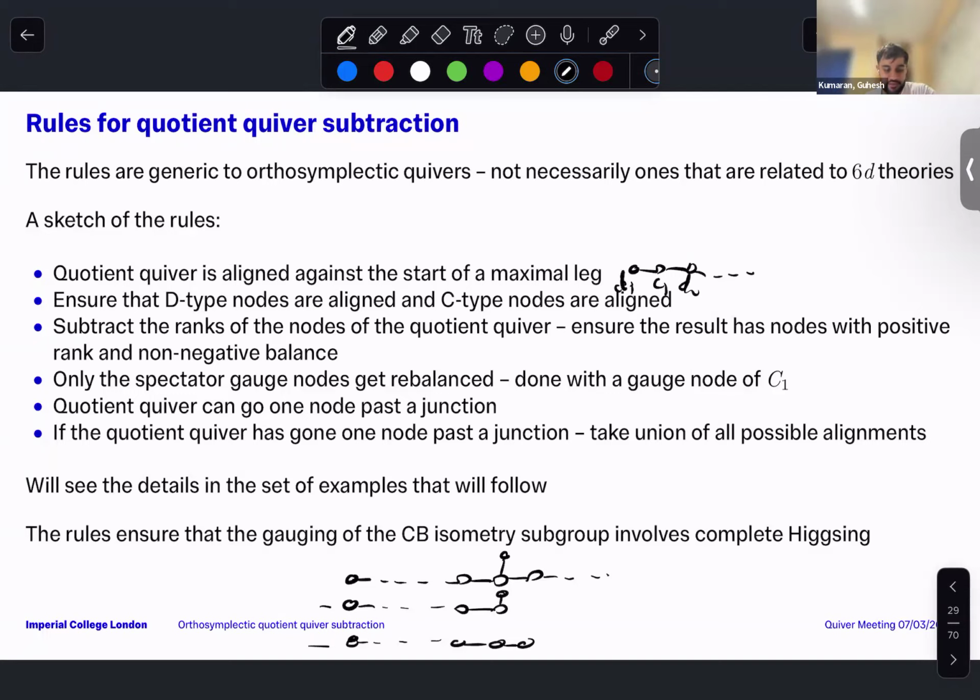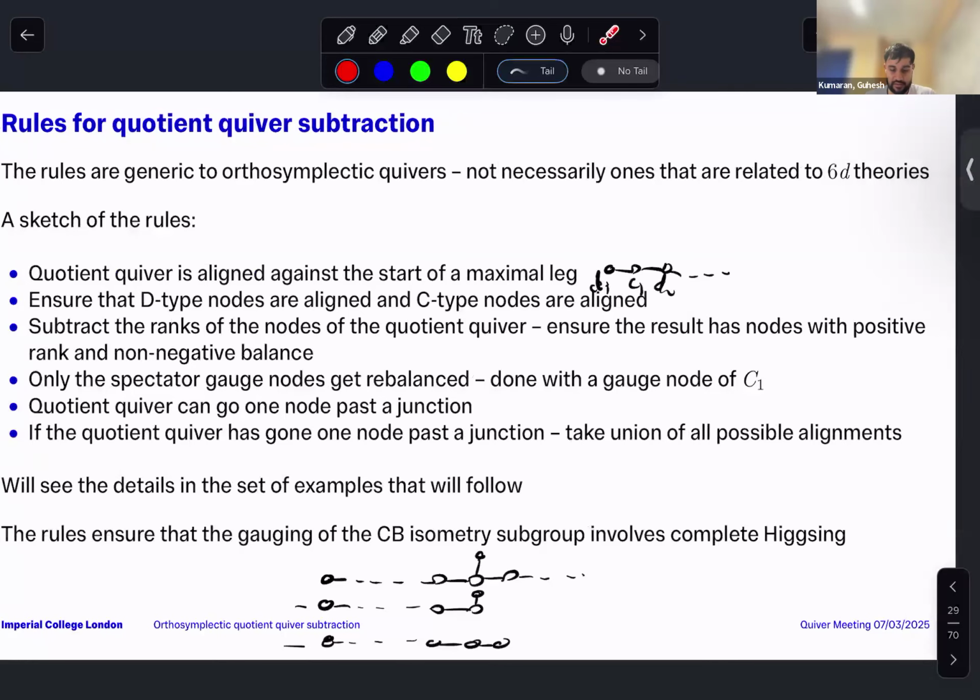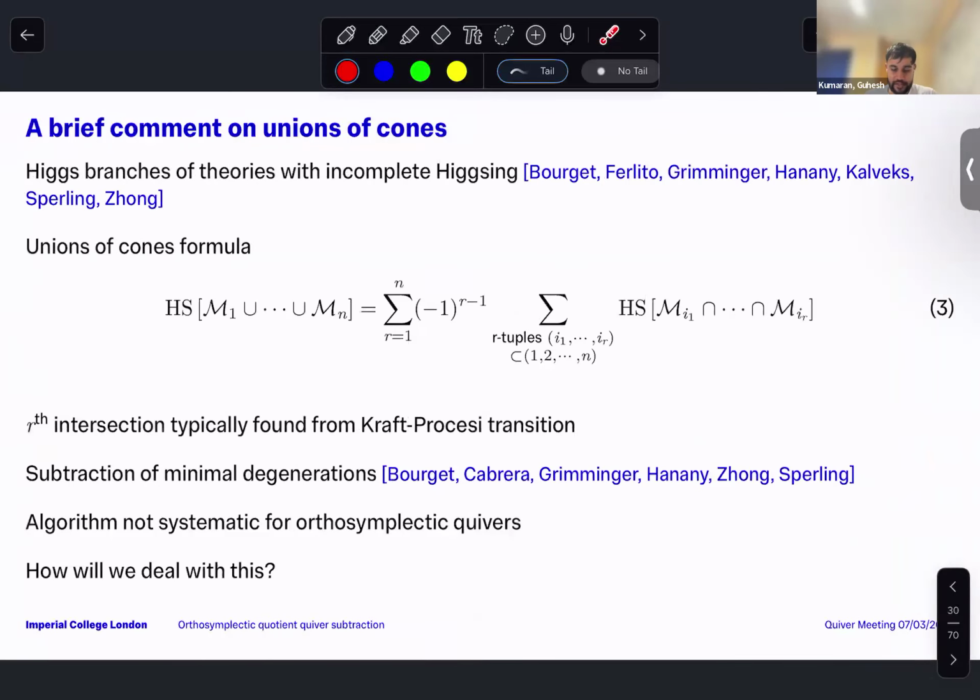Another feature of these rules is that we always gauge a symmetry with complete Higgsing, and we will not deal with cases where there's incomplete Higgsing of the symmetry. I mentioned unions of cones, so let's talk a bit more about that. They typically appear when you have a Higgs branch of a theory with incomplete Higgsing.